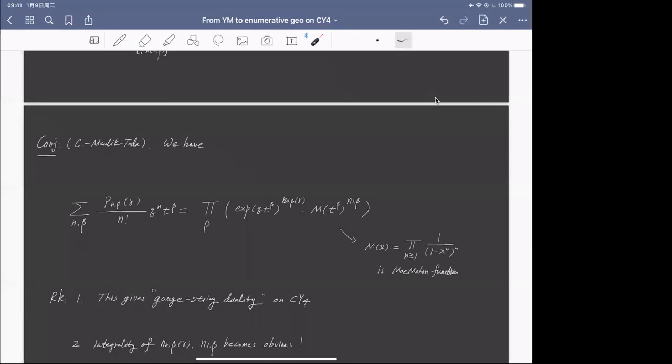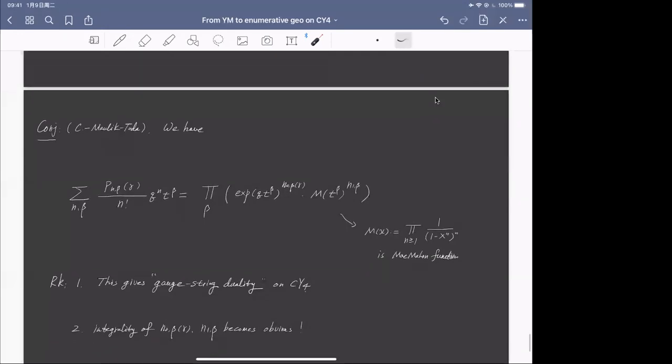It's a product over all curve classes, and for each fixed curve class there are two parts. The first part is the exponential, where the power is the genus 0 Gopakumar-Vafa invariant defined by Cao-Maulik-Toda. And in the second, the power is the genus 1 Gopakumar-Vafa invariant. The base of the second part is more complicated because it involves the so-called MacMahon function, which counts 3D Young diagrams or plane partitions.